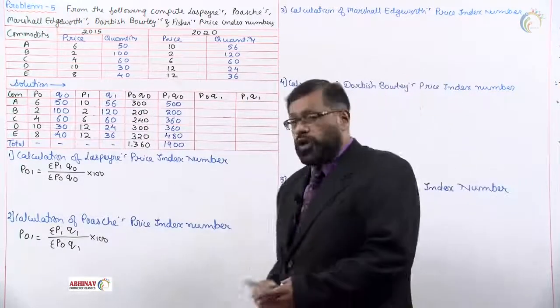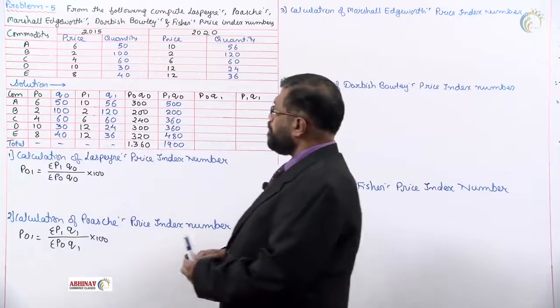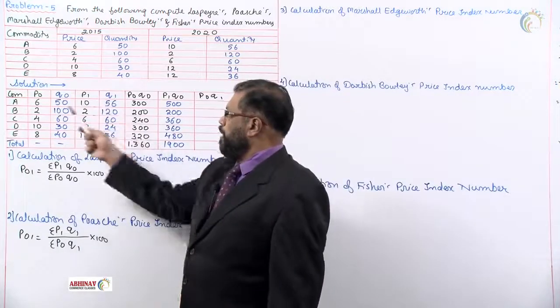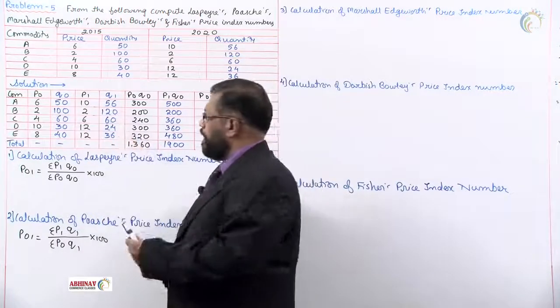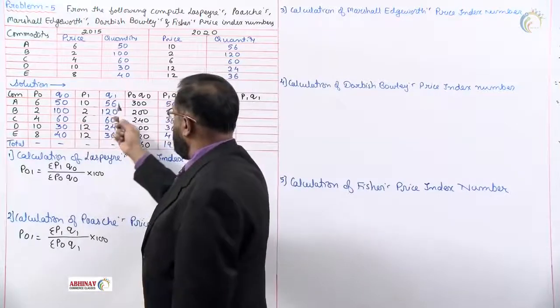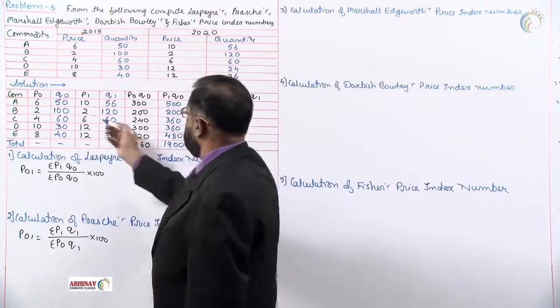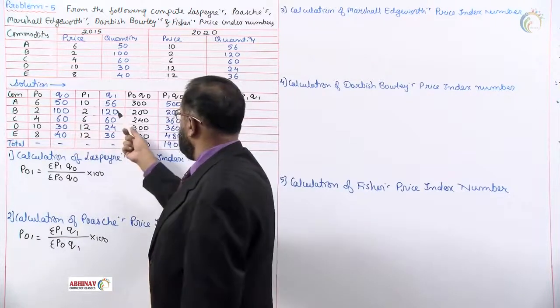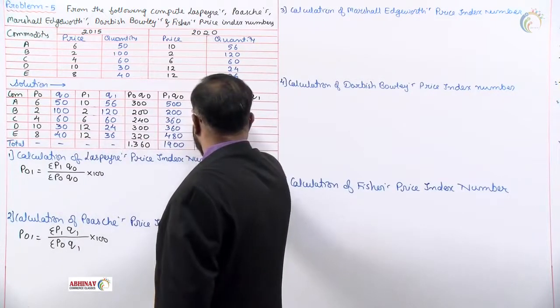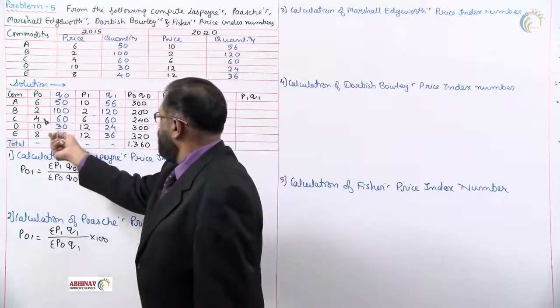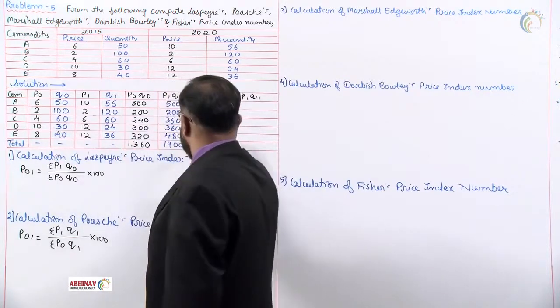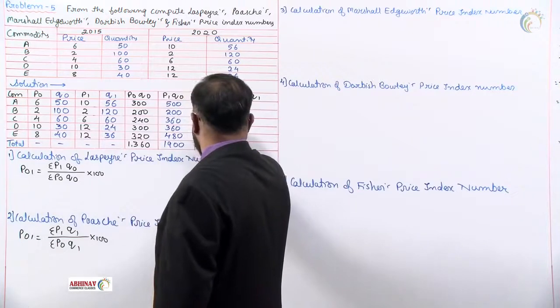Now we'll take up the next 2 columns. P0 Q1. Let's see. 6 into 56, what we get is 336. The next 2 into 120, 240. Then it is 4 into 60, again 240.